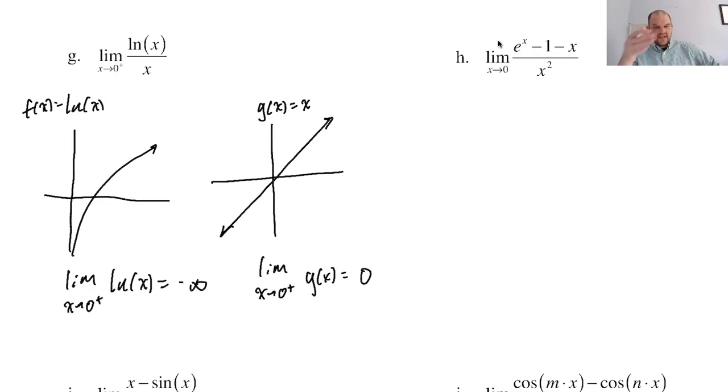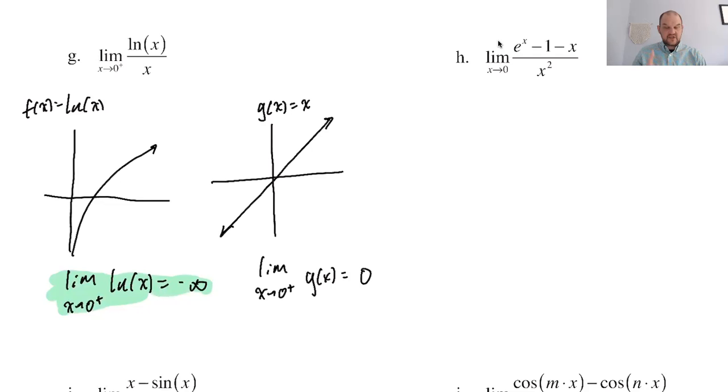So we actually have negative infinity divided by 0. What happens here? This limit doesn't exist. You could probably just say this limit doesn't exist and move on with your life. But what does it tend toward? Well, the easiest way to think about this is that the numerator is definitely going to negative infinity.